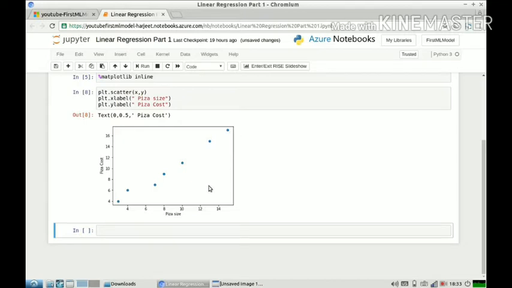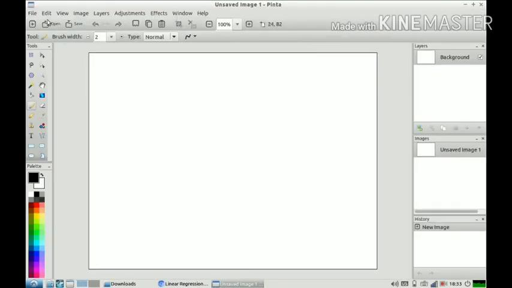So that's what we mean by a linear relationship: if you generalize, the data can be fit into a line. So linear regression is used when we have a linear relationship between our features and our output variable. Okay, a few more things I want to explain here.